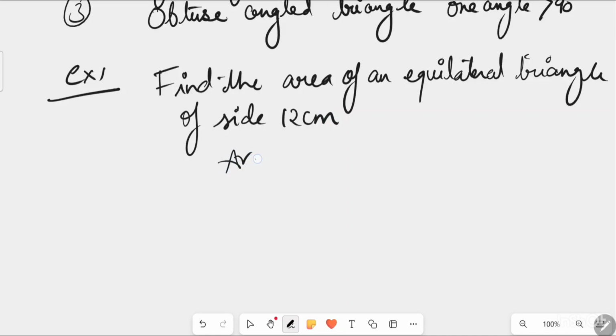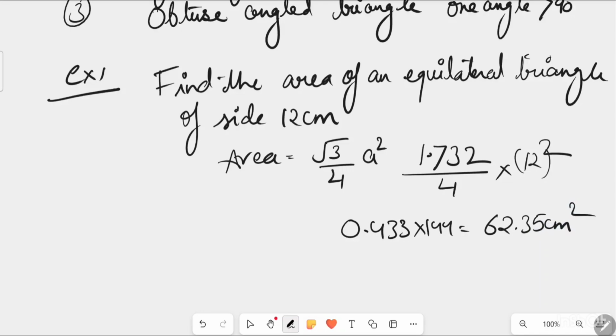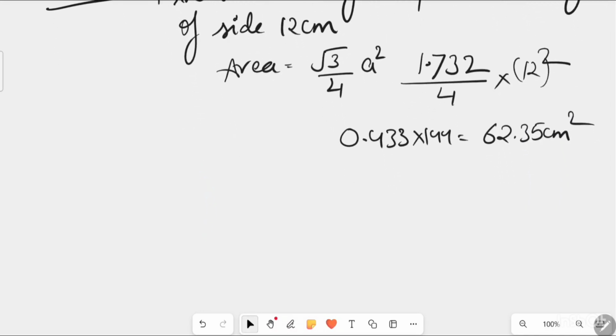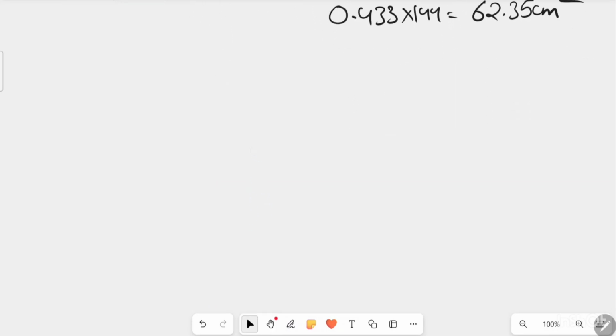We know the formula, root 3 by 4 a square. So it will be root 3 by 4, which is 0.433, into 12 square, that is 0.433 into 144, which will be 62.35 centimeter square. Always remember root 3 by 4 into side square is the equilateral triangle's area shortcut.